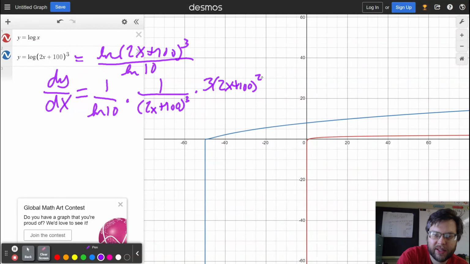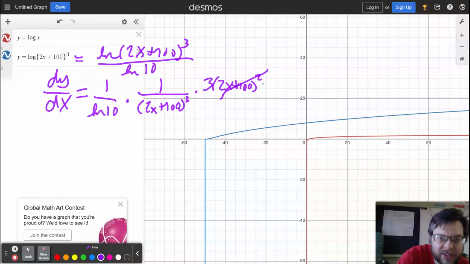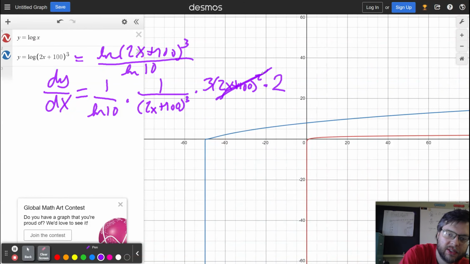And you can see that a lot of things cancel out because this is (2x plus 100) squared. Oh, oops, I'm missing one thing. The derivative of the inside function has another chain rule, so another times 2. Okay, so this is the inside function squared, so the third power cancels. So I end up with just 6, 3 times 2, over natural log of 10 times (2x plus 100).